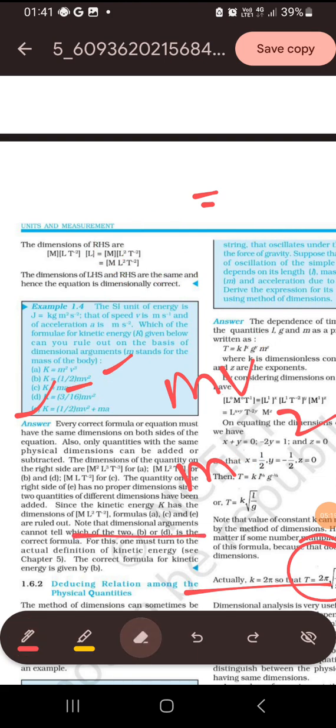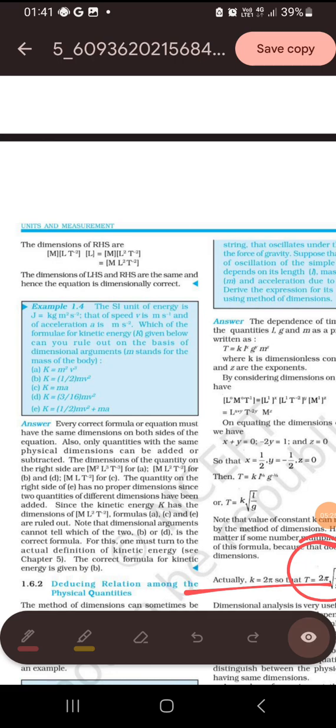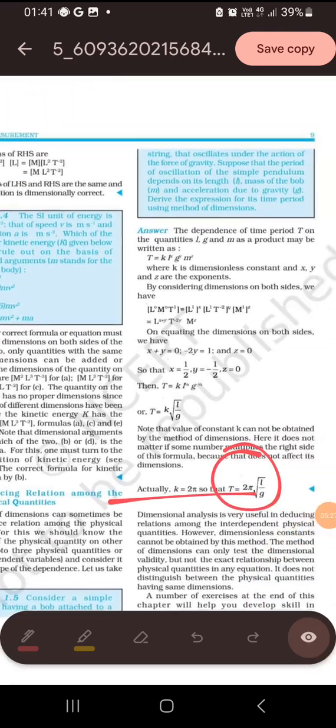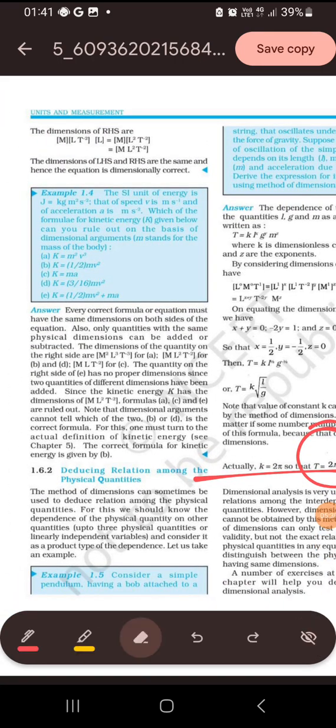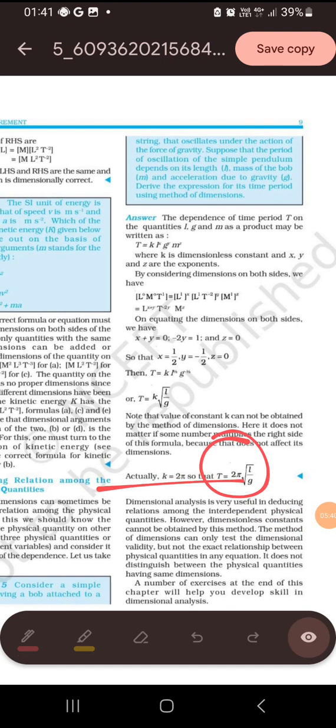Let me erase this. And next is the fifth question. Consider a bob. At first in physics, you have to draw a diagram, an imaginary diagram of your own. A pendulum: a bob is attached to a string that oscillates here and there.